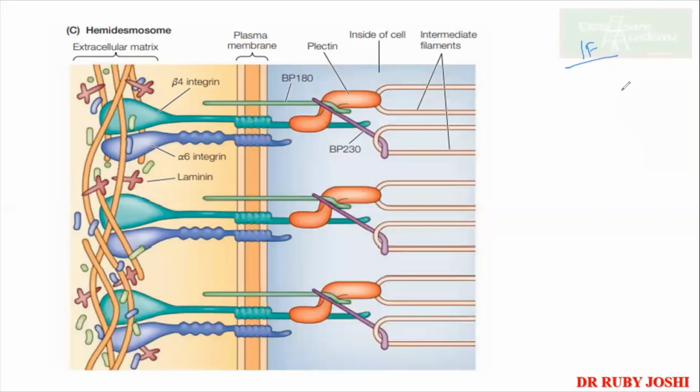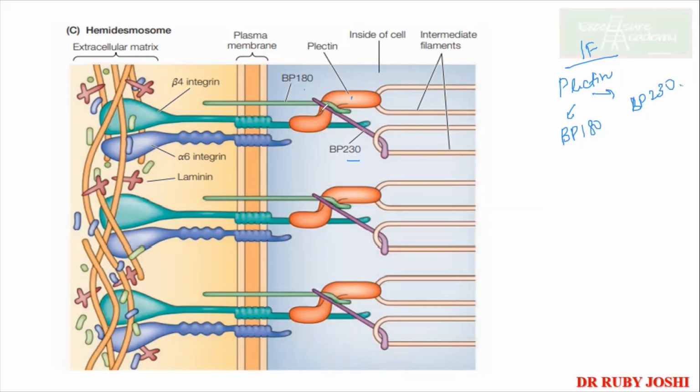Then we have got the plectin. We'll come to what plectin is. Now plectin is in association with your BP180 and BP230. Make sure that you understand the difference between 230 and 180.